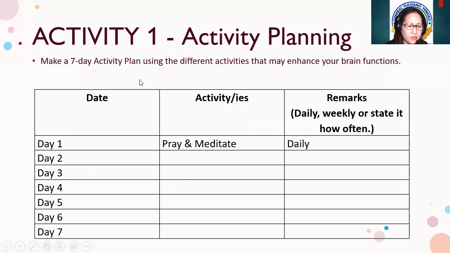First column, all you need to do is to write the different dates, from day 1 to day 7. And then identify what are the different activities that you are going to employ for you to be able to really enhance your brain functions.